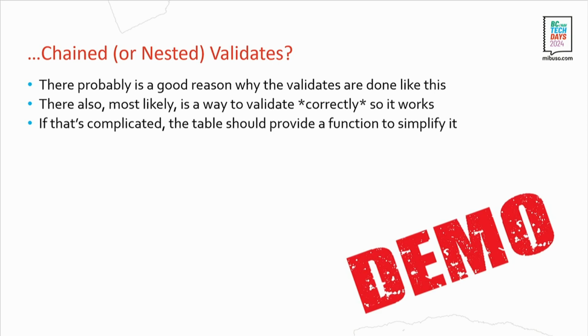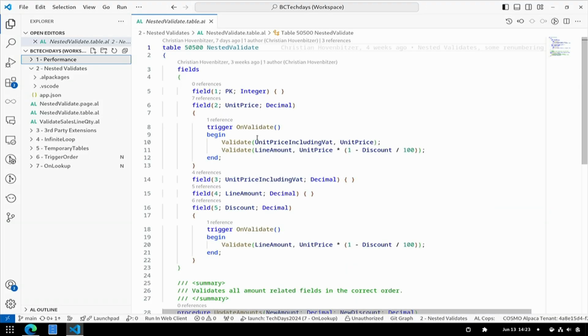So there has to be a way to do this correctly. So we've also got a demo for that. Here we have a simple example of a unit price including VAT, a line amount and a discount. And a chained validate in this case helps us keep the data coherent, right? So if we validate the unit price, we also update the unit price including VAT.